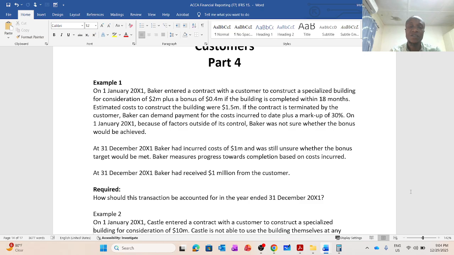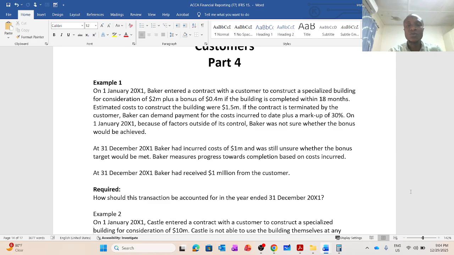But if the conditions are not met, then we are not going to include the 0.4 as part of the consideration. So now let's understand the question. We are going to receive a bonus of $0.4 million if the construction project is completed within 18 months.